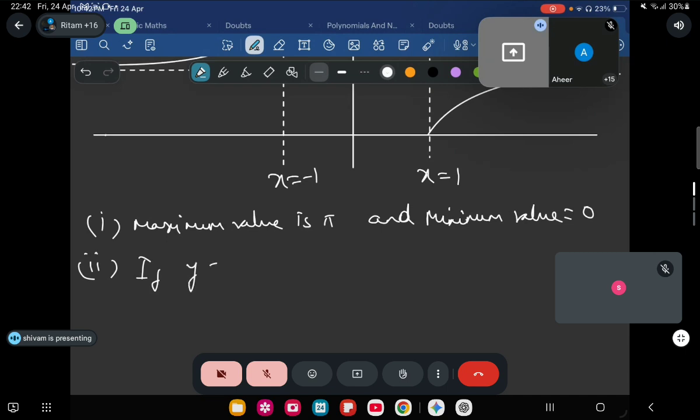If y equals sec inverse x, then dy by dx will be equal to 1 upon mod x into root over x square minus 1.